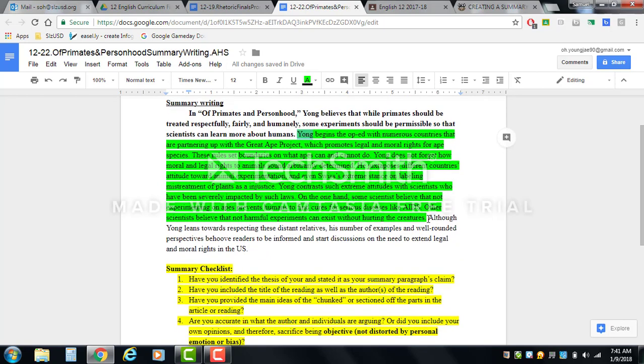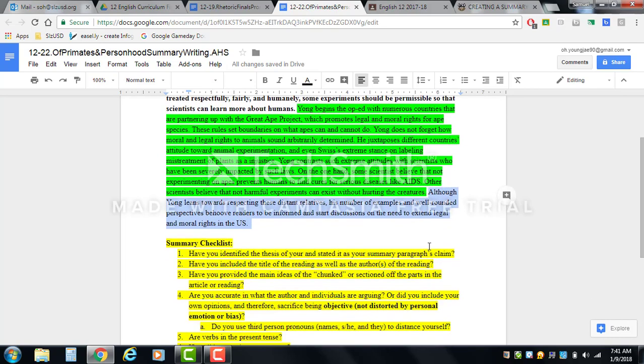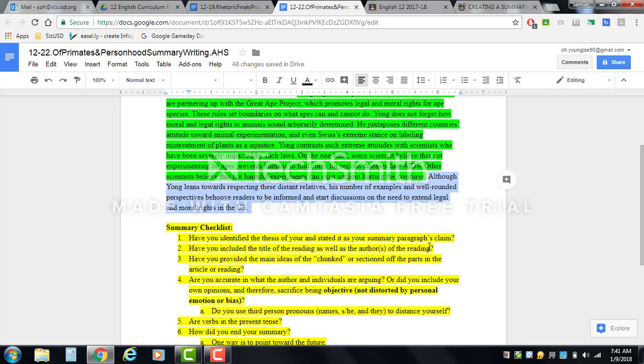And finally, you have the last sentence, which is the closing or conclusion sentence right before the rhetorical analysis paragraph. Now, what does that mean? A lot of students have trouble with the last sentence of a summary.